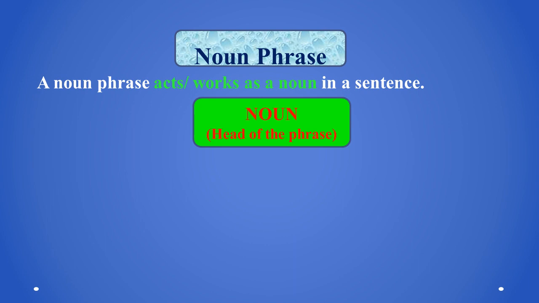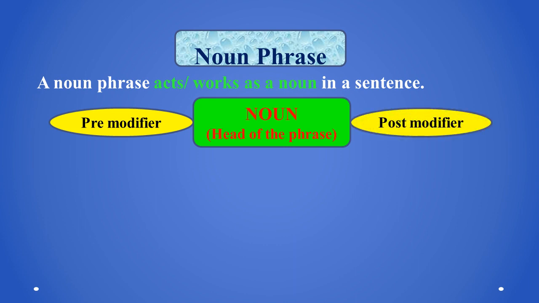These words may come before it, and they are called pre-modifiers, and if the modifying words come after it, they are called post-modifiers. Sometimes pre-modifiers might be there in a noun phrase, sometimes post-modifiers might be there, and sometimes both pre-modifiers and post-modifiers might be a part of a noun phrase.